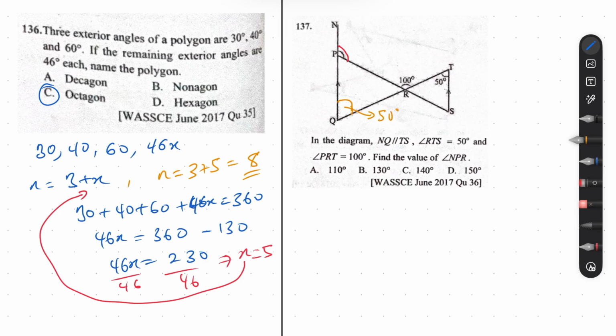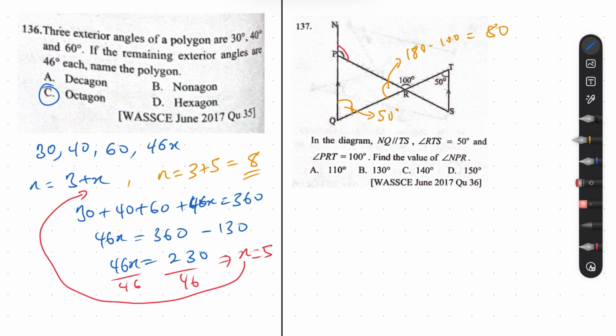Similarly, we can find this angle right here, because angles on a line add up to 180, and this is 100. So this angle will be 180 minus 100, which is 80.